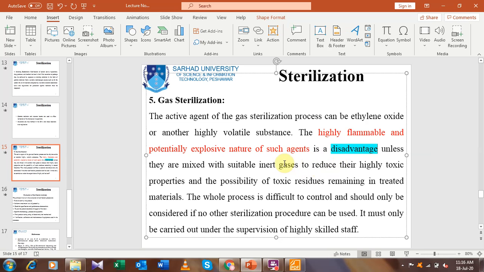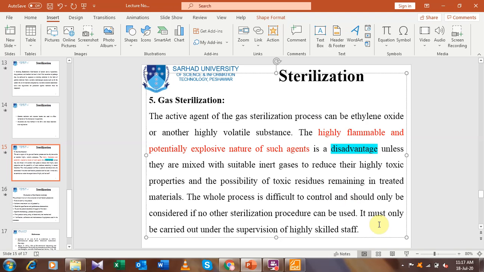We will mix them with suitable inert gases to reduce their highly toxic properties and the possibility of toxic residues remaining in treated materials, and their high flammability and explosive nature will also be minimized by mixing with suitable inert gases. The whole process is difficult to control and should only be considered if no other sterilization process can be used.